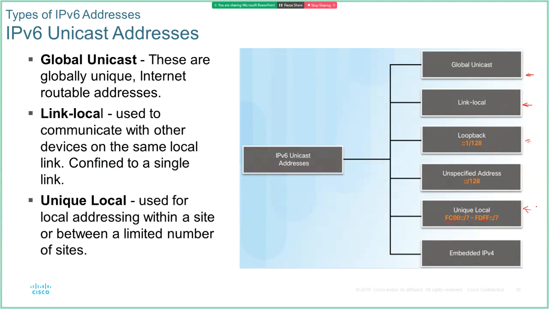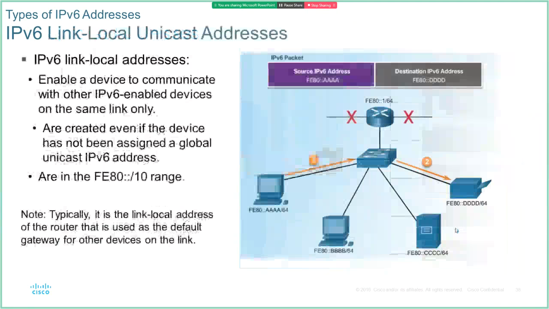Again, these will be generated, and embedded IPv4 addresses is where we basically convert to make things a little easier for us. Link local basically allows IPv6 devices to talk to each other just on the local segment only, and they will always start with FE80.